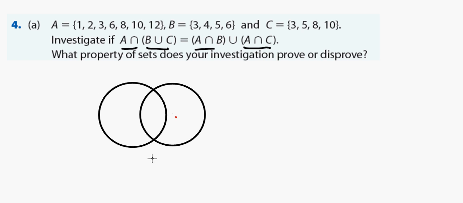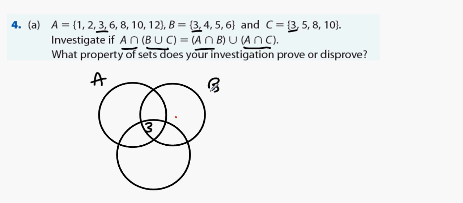Okay, here we go. Now, what's common to all three? 3 is the first one I see. I'll put 3 in there, and that's the only one I see. Now, A intersection B is going to be 3 and 6, so there's a 6 in here.